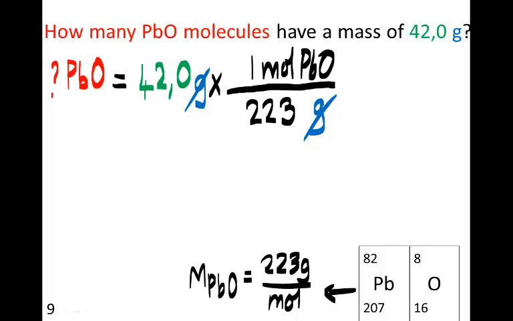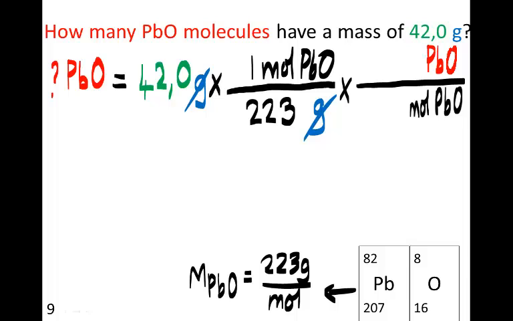But I cannot just stop there because I've now introduced a unit that I didn't actually want, mole of lead oxide. I want lead oxide, not mole of lead oxide. So I need to have another factor to get rid of that unwanted unit, mole of lead oxide, and introduce the required unit, lead oxide. And I know that 1 mole is 6,02 times 10 to the power 23 particles.